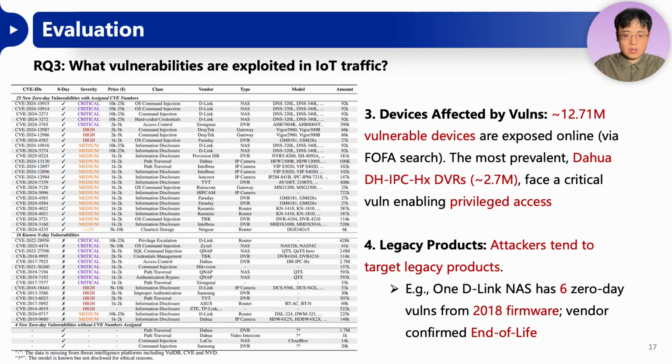Even more worrying, we estimate these vulnerabilities affect about 12 million devices exposed on the internet. The most prevalent one is an access control vulnerability that involves privileged access of a Dahua DVR device. We also found a clear trend of attackers targeting legacy, end-of-life products that no longer receive any security updates.